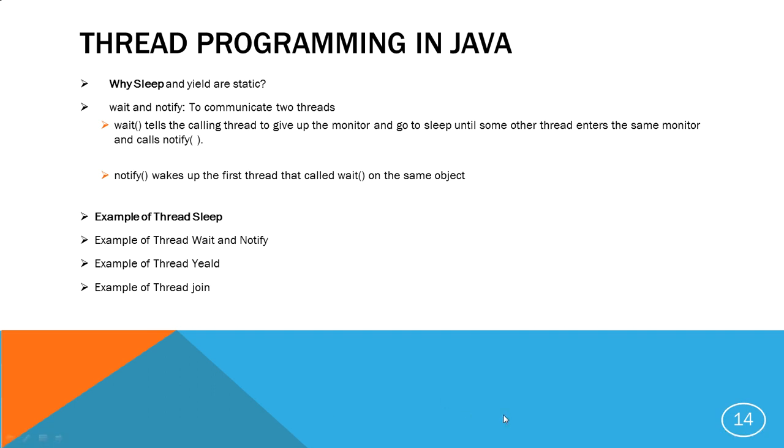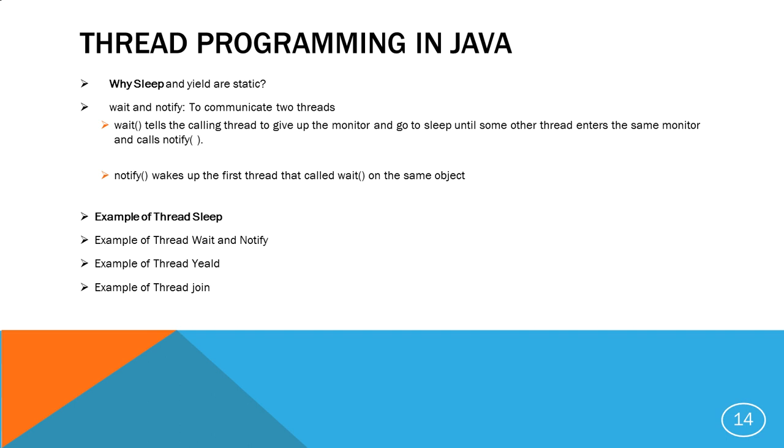These two methods are used to communicate between two threads. Wait tells the calling thread to give up the monitor and go to sleep until some other thread enters the same monitor and calls notify.